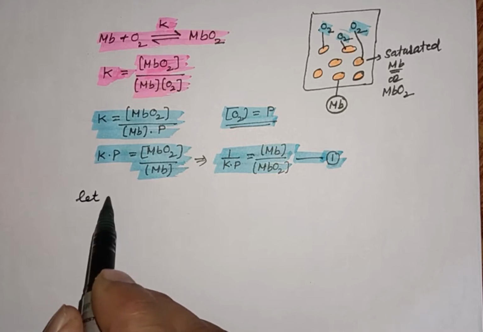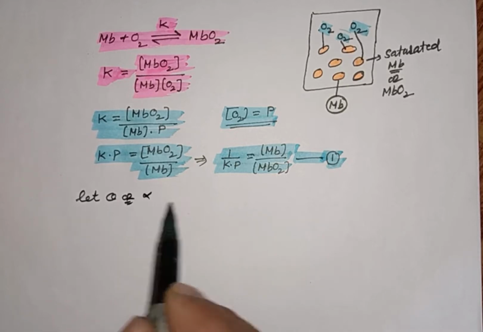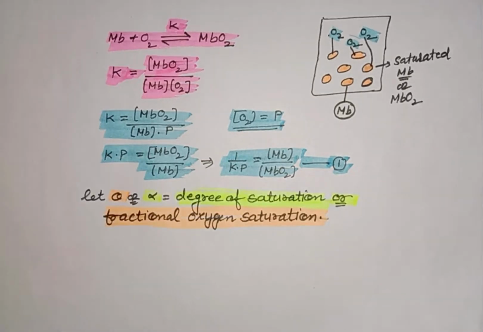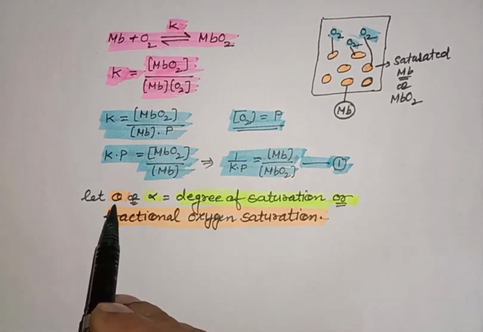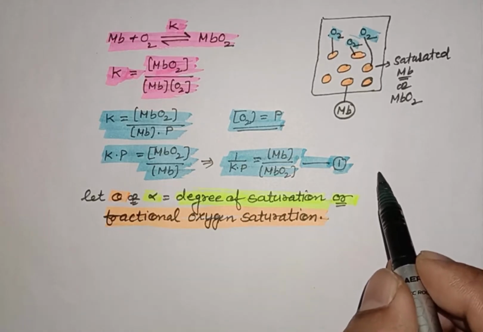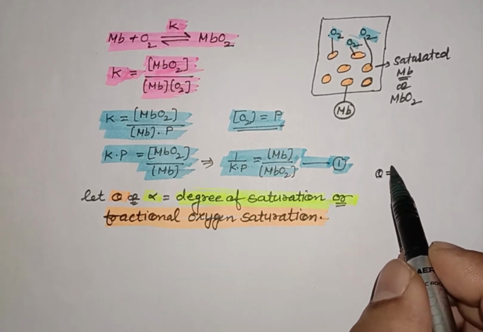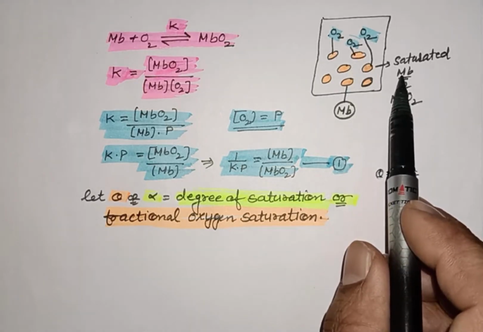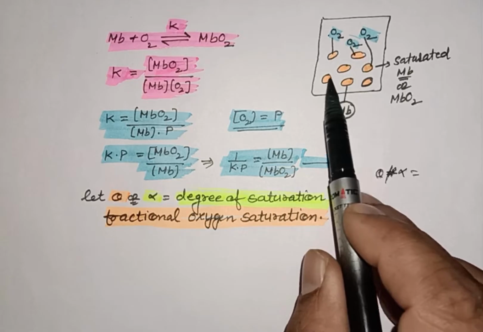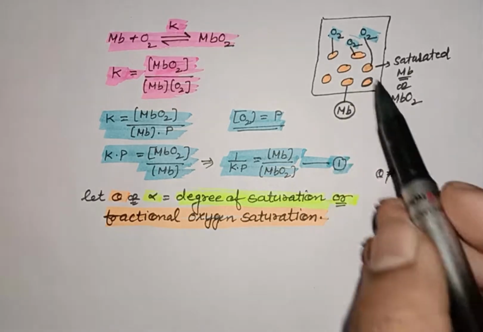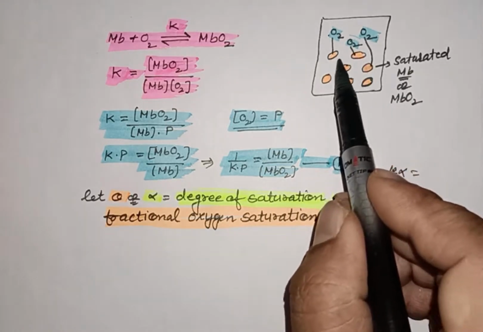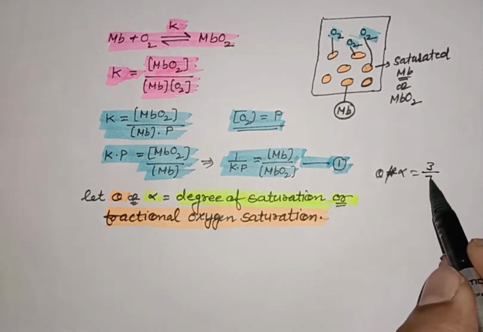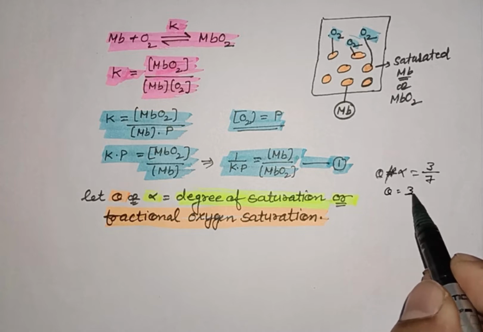Let theta, or alpha, be the degree of saturation, or fractional oxygen saturation. What is the meaning of theta or alpha? It means the number of oxygenated molecules of myoglobin divided by the total number of myoglobin molecules. In this case, the oxygenated myoglobin is 3 and the total myoglobin molecules are 7, so the value of theta is 3 by 7.